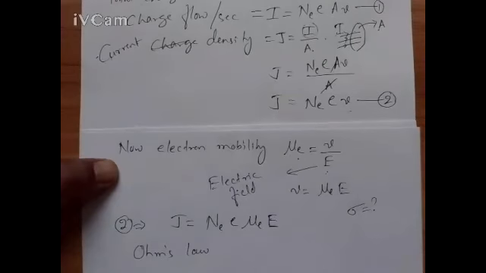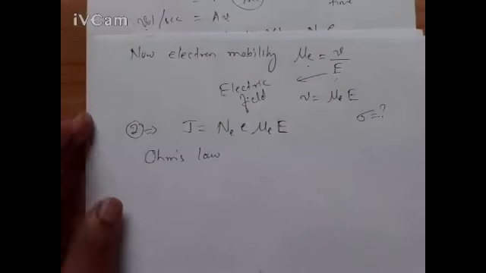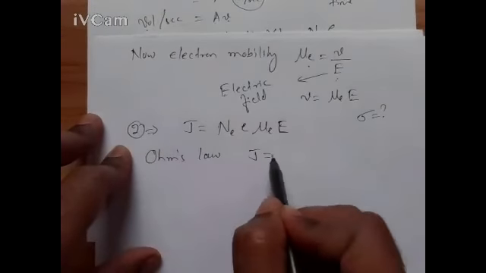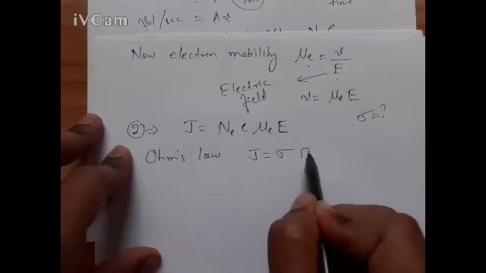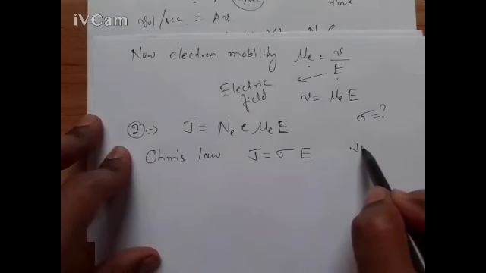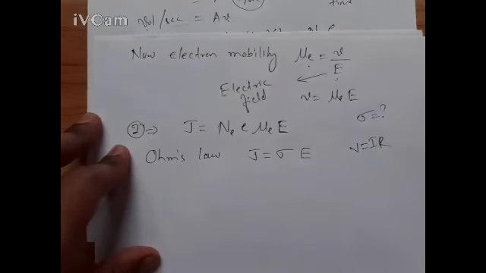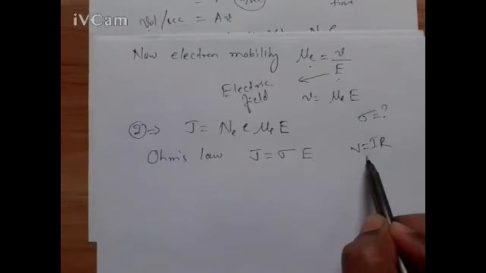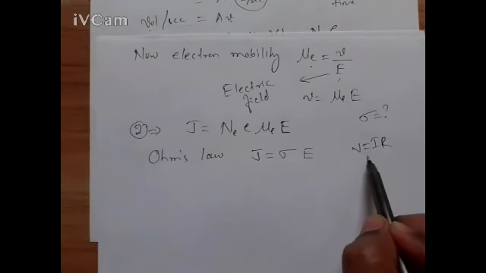This conductivity is given by Ohm's law, in a more generalized form. Normally you have learned that V is equal to IR is Ohm's law, and we have solved problems on this.